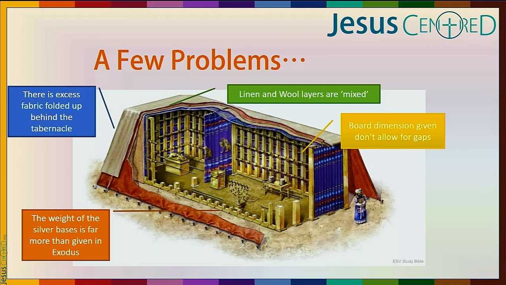Which is that this model here, at the very bottom, has bases or feet for the upright pillars, or not pillars, what we call them, the boards. That's normally the way they're translated.